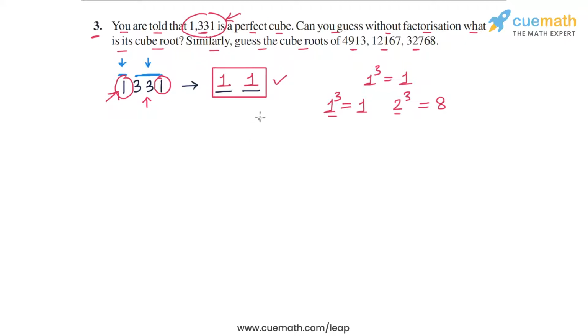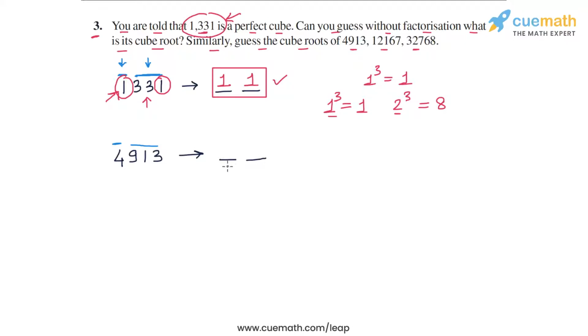Now let's apply this technique to the other 3 numbers. The second number is 4913. Making groups of 3 digits, we get 913 in the first group and 4 in the second group. Because we have 2 groups, we will have 2 digits in the cube root.